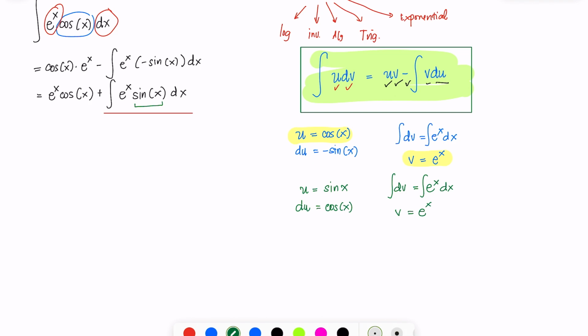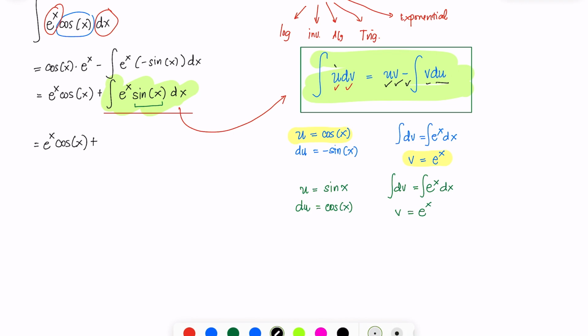So that means this portion of the integral can be further expressed in terms of this one. So we will have, I'm going to copy, e to the x cosine of x plus u, right?